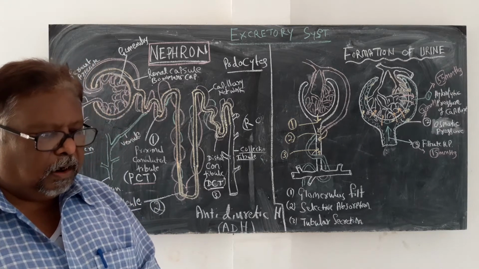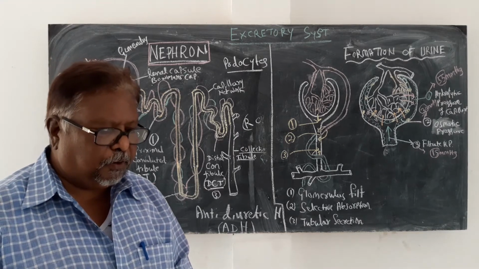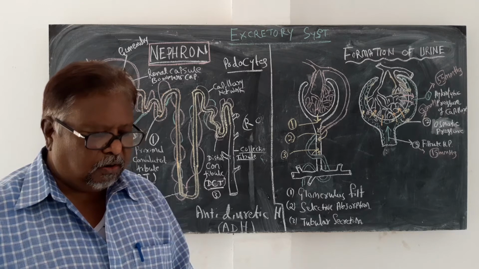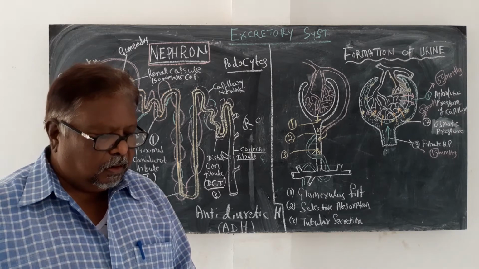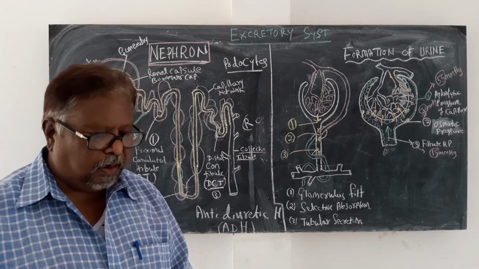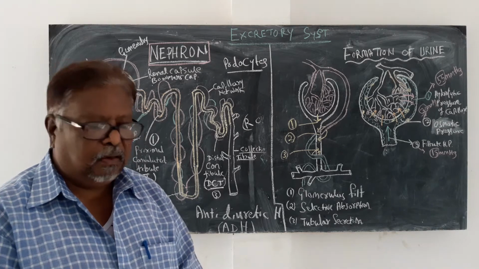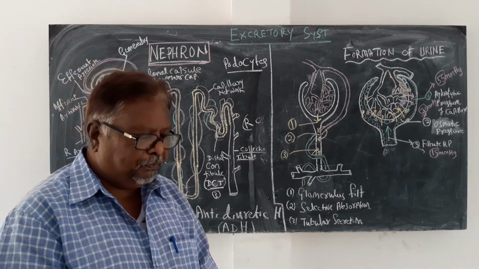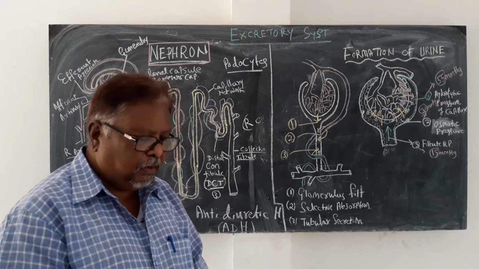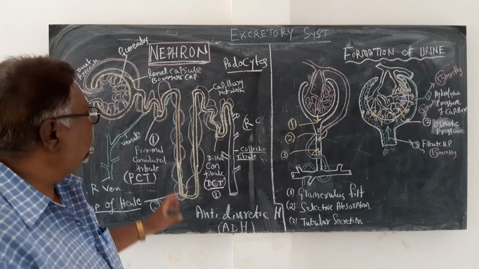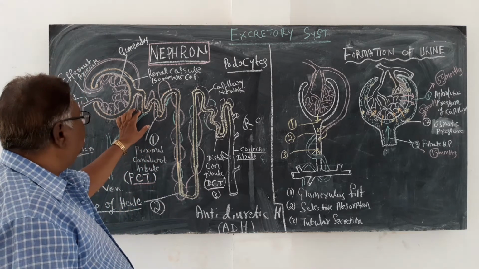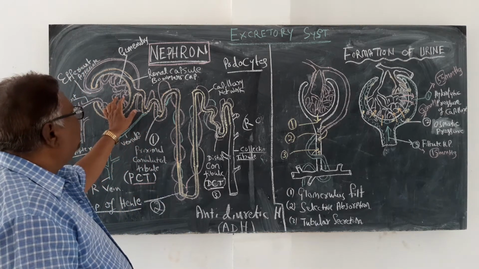The third point is urine is produced by the exchange of substances between the nephron and blood in the renal capillaries. What does it mean? The urine is produced by the exchange of substances between the nephron and the capillary blood.